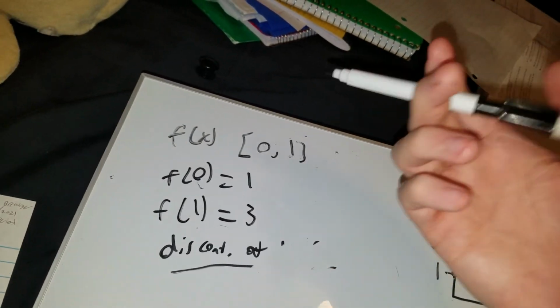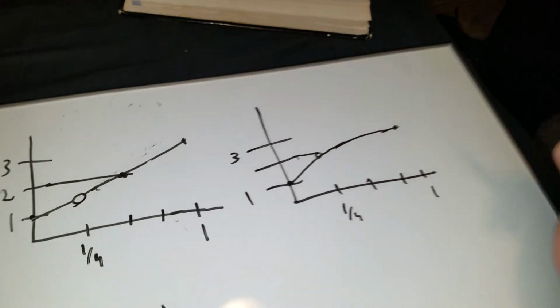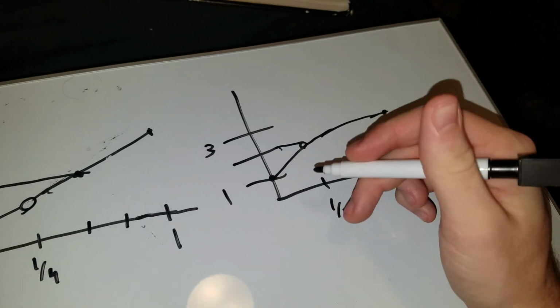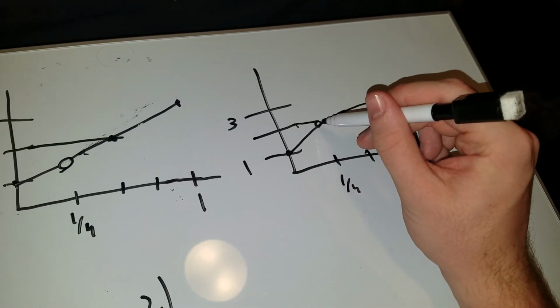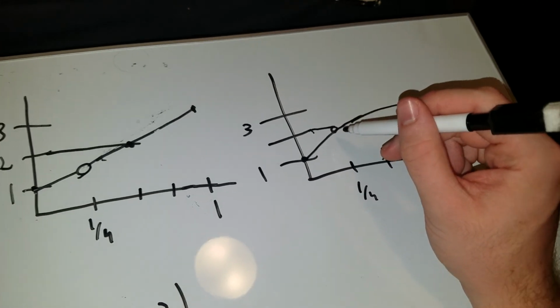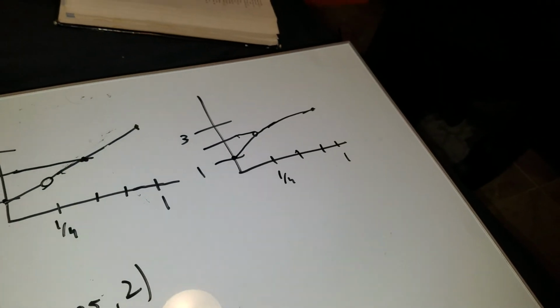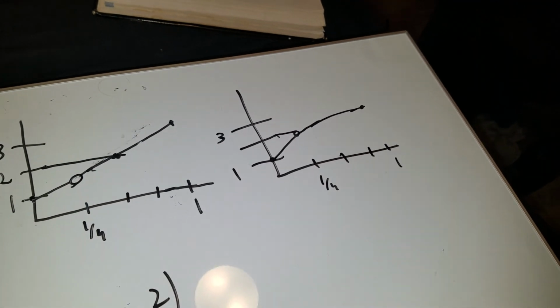However, since it's not continuous on the whole interval, there is a possibility that at x equals 1/4 or 0.25, it jumps over 2. Therefore, there's no point where f of x touches 2 because it's discontinuous there.